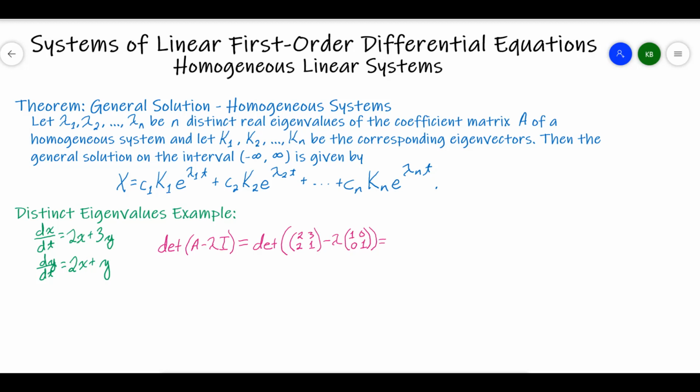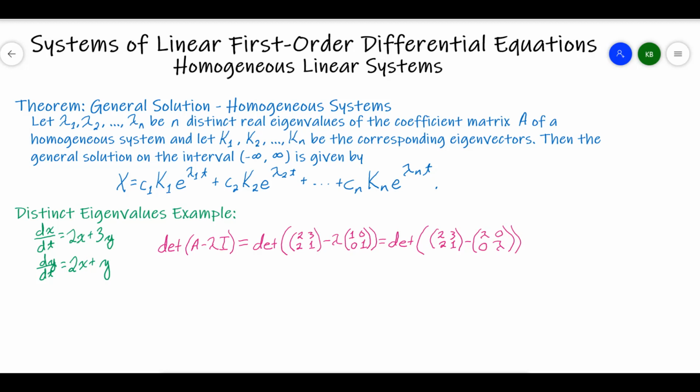So to multiply lambda times the identity matrix, we're going to be taking the determinant of 2, 3, 2, 1 minus, we'll have lambda times 1, so lambda in the top left position, lambda times 0, so 0, lambda times 0, lambda times 1, so lambda.